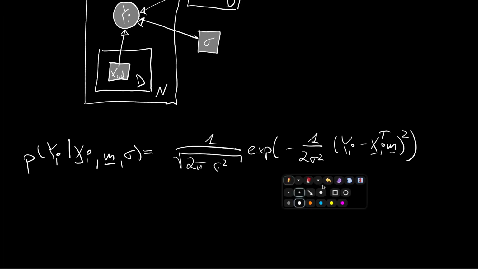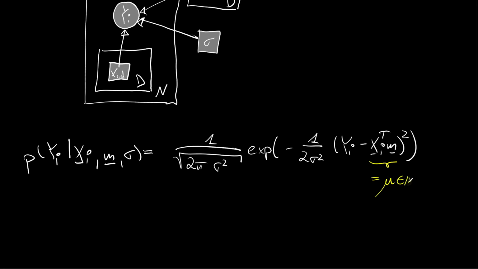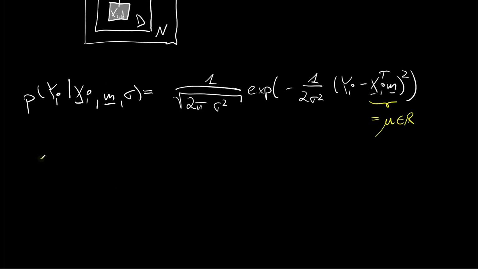And again, let me highlight that this one here is a scalar valued quantity. So this one is our mu, and it is scalar valued. So the distribution over y_i, or one data point, or in other words, the dependent variable for one data point, is univariate. And this is done by contracting down the dimension of our input to a scalar with the help of a scalar product.